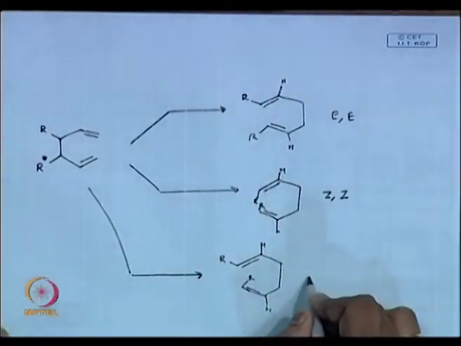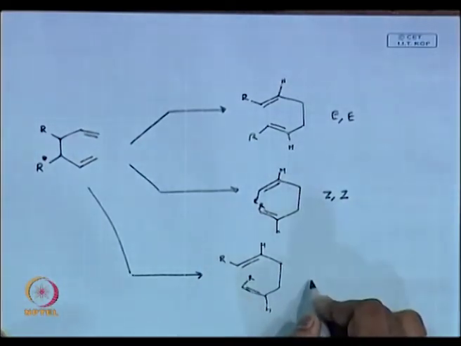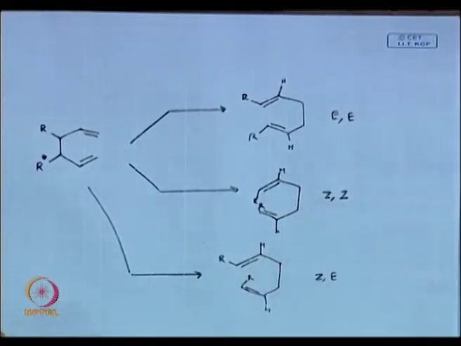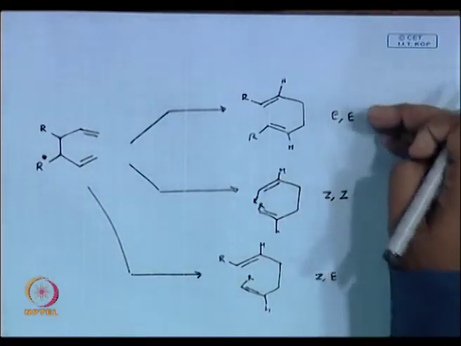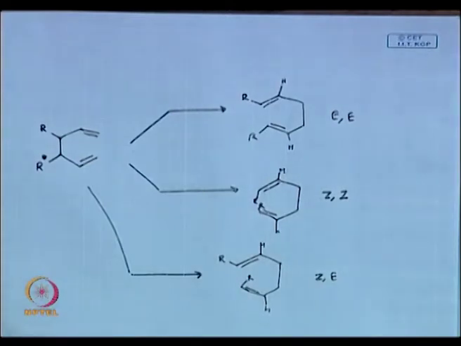So, it can be Z and E, right. And E and Z and Z and E are both the same. So, you can think about three products here. It is not only one product, you can think about three products when you talk about the Cope stereochemistry. You can get E and E, you can get Z and Z, you can get Z and E.